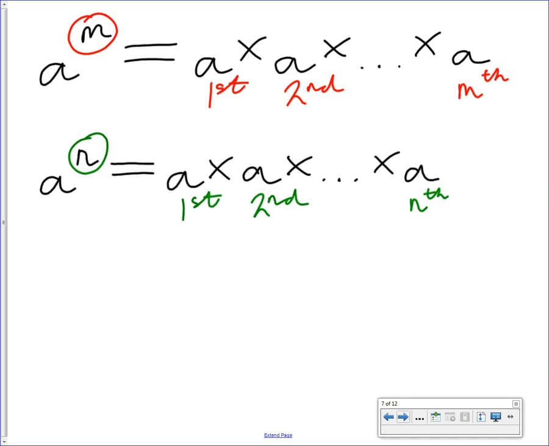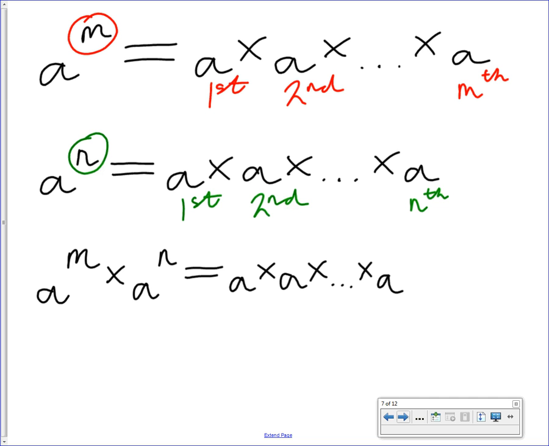Now, if I decided to multiply a to the m by a to the n, I would have m lots of a times a, once again. Okay, so I'll have m lots of that, and I'm multiplying it by n lots of a once again.